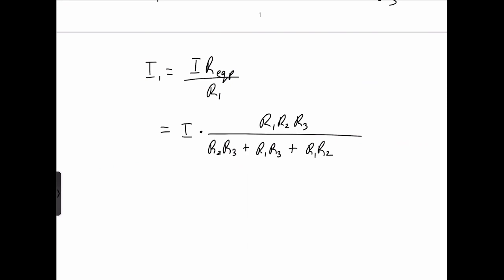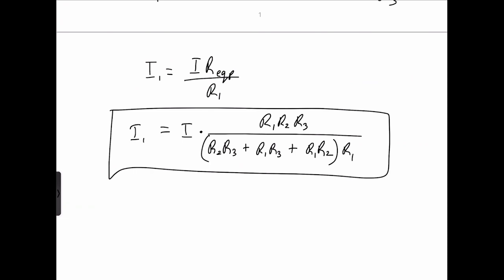And that should be divided by R1. So that is the current through I1. To find the current through R2, we change R1 to R2. And if we want to find the current through R3, we change this to R3.